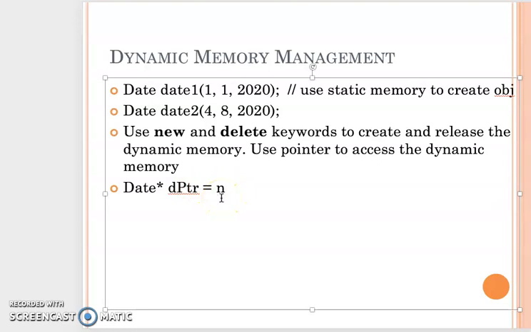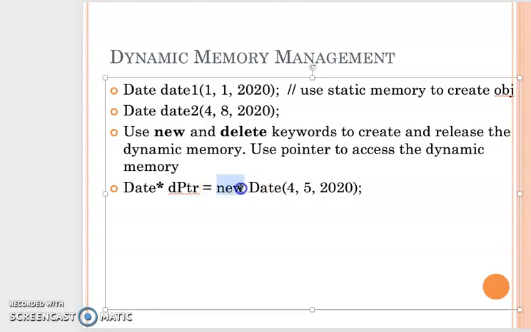In order to create dynamic memory, you need the new keyword. So the pointer refers to the object, but for this object we need to use the new keyword. Since the object name is date, I call the constructor. So we just say April 5th, 2020.